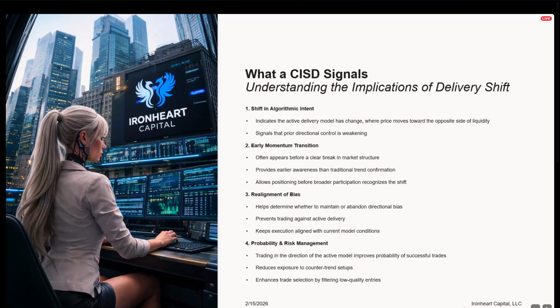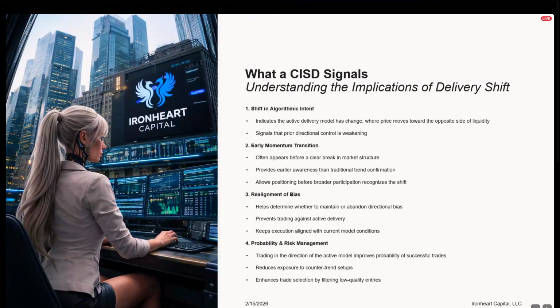Once a major liquidity level has been swept, price is going to start moving to the opposite side of liquidity, right? So if you are in a sell model and you are seeking sell side liquidity, and then there is a major liquidity sweep and there's a change in the state of delivery, it is then going to be seeking buy side liquidity, right?